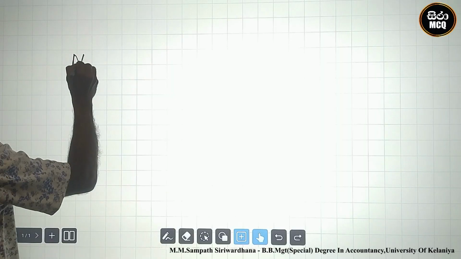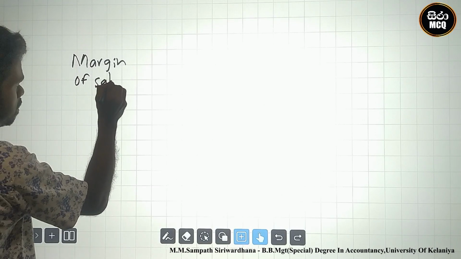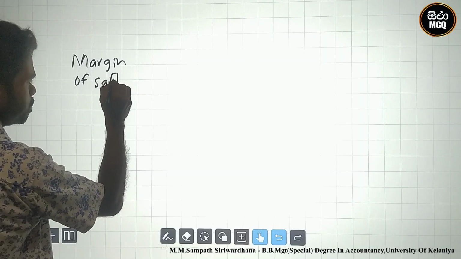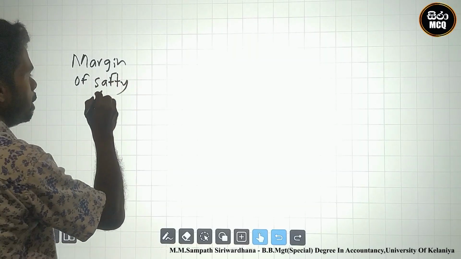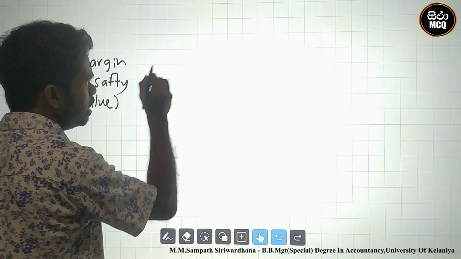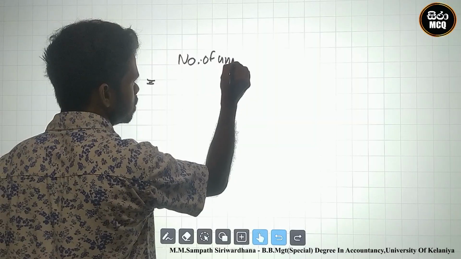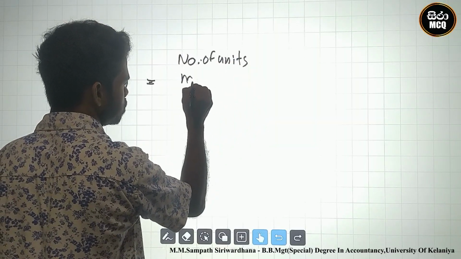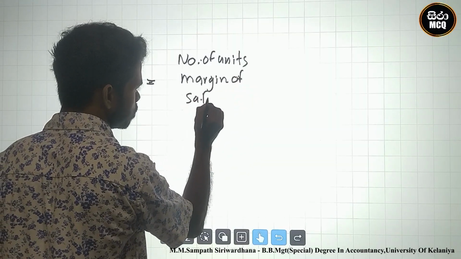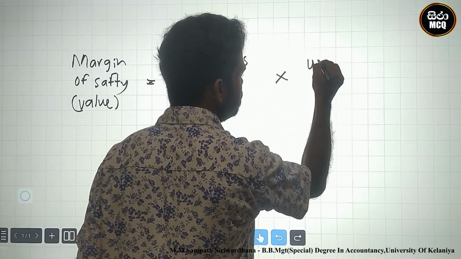We first identify the number of units of the margin of safety, and after that we multiply by the unit selling price.